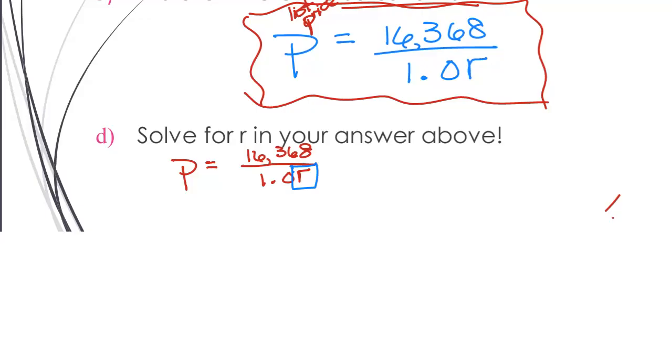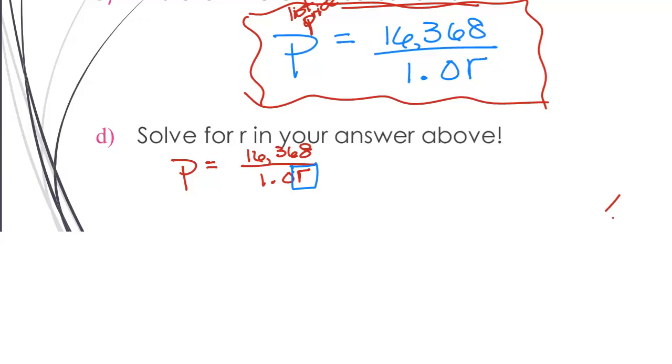Say what you just said again. Multiply everything, to get R by itself. Multiply by the reciprocal.